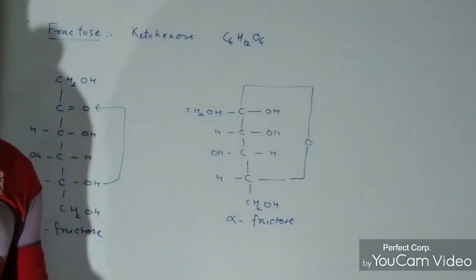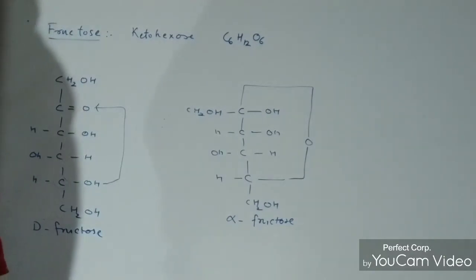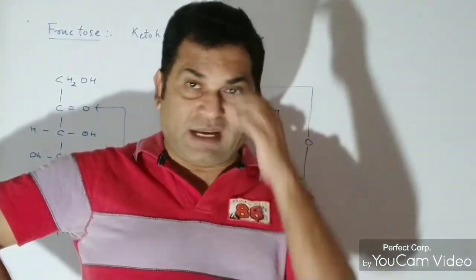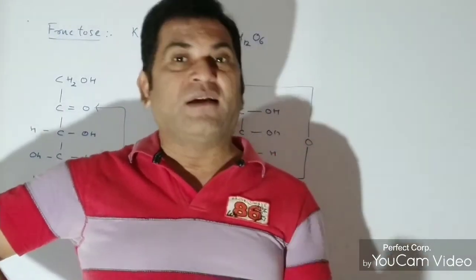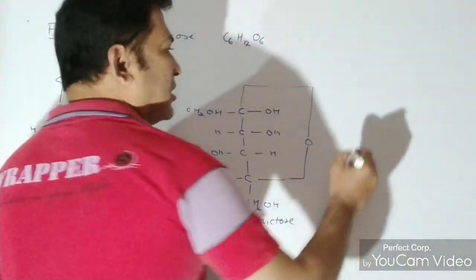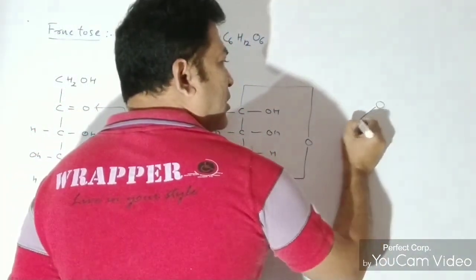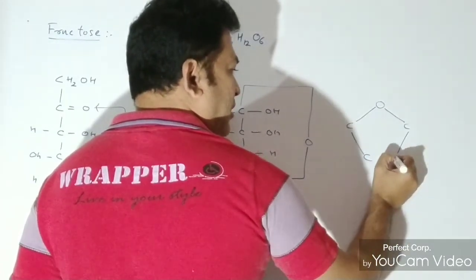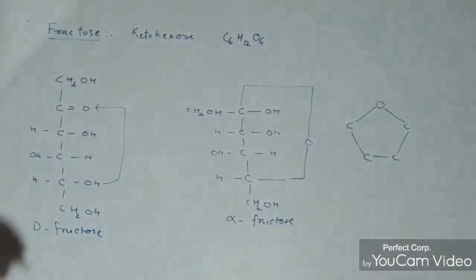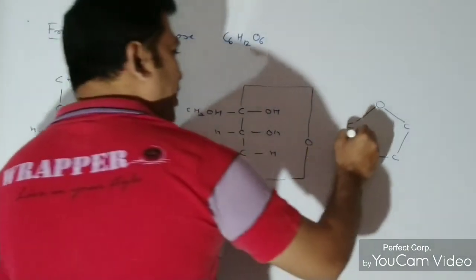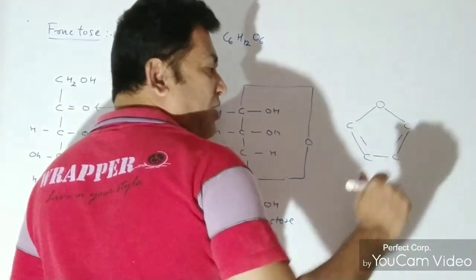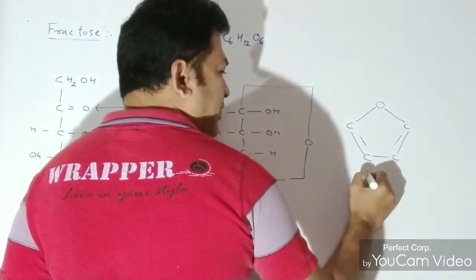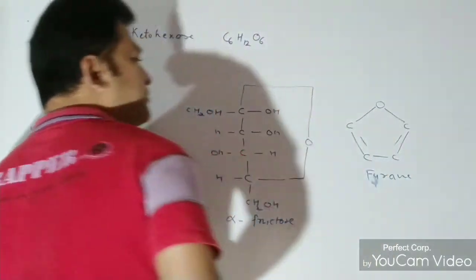Now here we are going to talk about the same structure. When we were talking about glucose, at that time we took the pyran structure. Same thing here, we have another structure with the oxygen. If the oxygen is attached with 4 carbons in this cyclic pattern, this is known as furan. When there were 6 it was a hexagon, that is pyran, and the pentagon is furan.